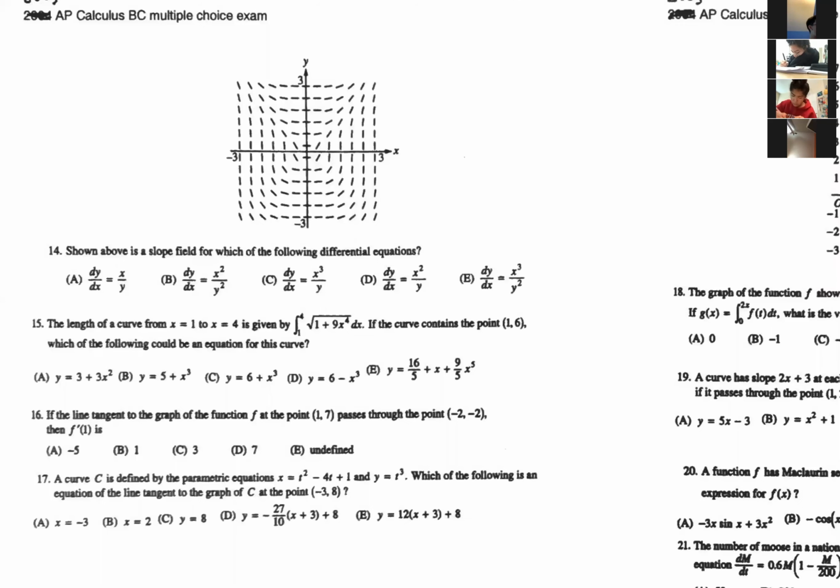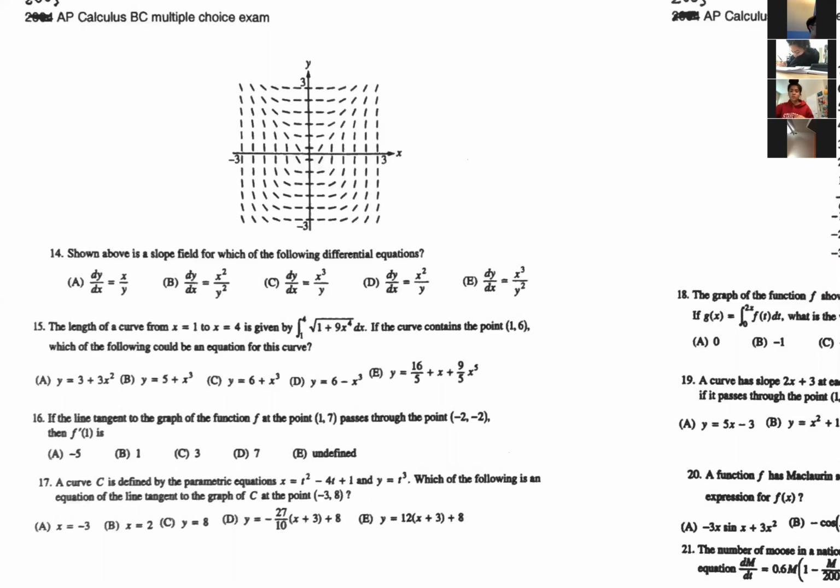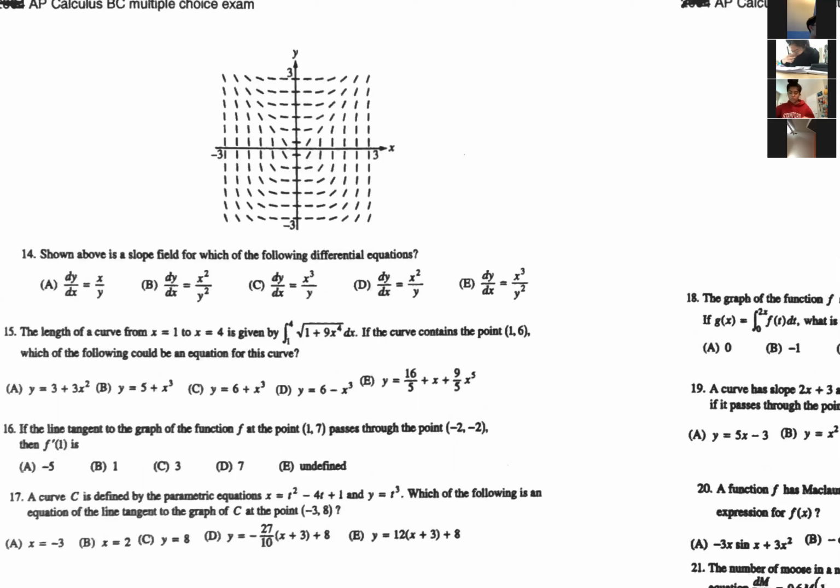So 14 is a slope field. Okay, so for this slope field, I like to figure out where the derivative is 0 first. There's different ways you could do this, but where the derivative is 0, that's where the tangent line is horizontal.